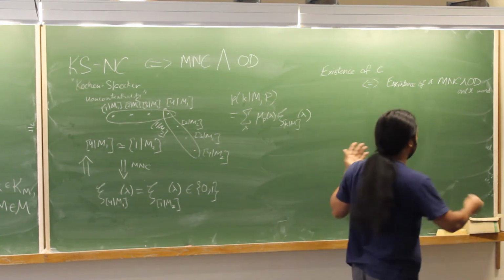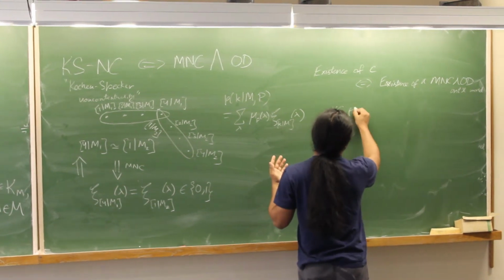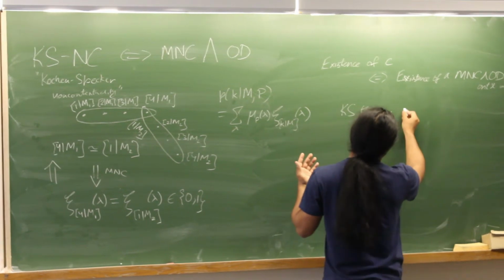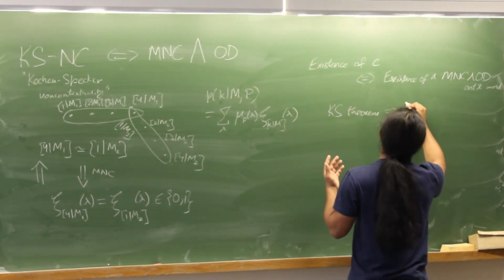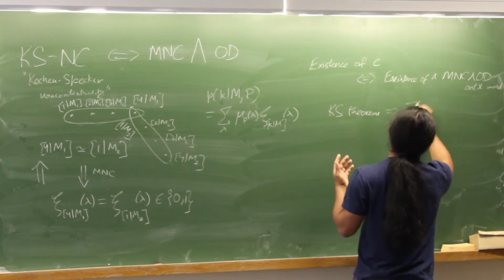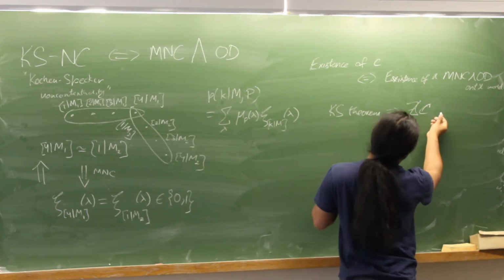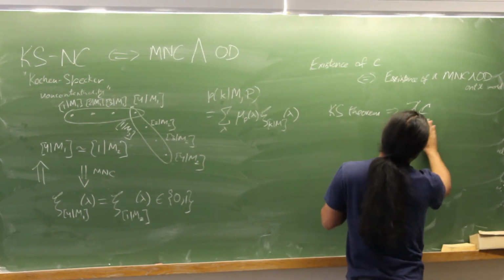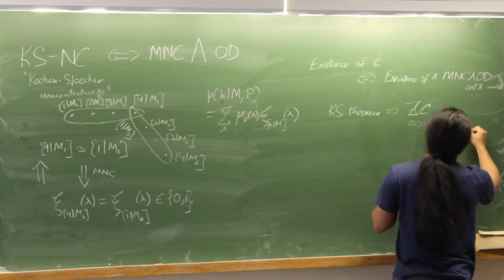Since the KS theorem is true, that is basically saying there doesn't exist a C, that mapping, which means that these two assumptions fail. The conjunction of these two things fails.